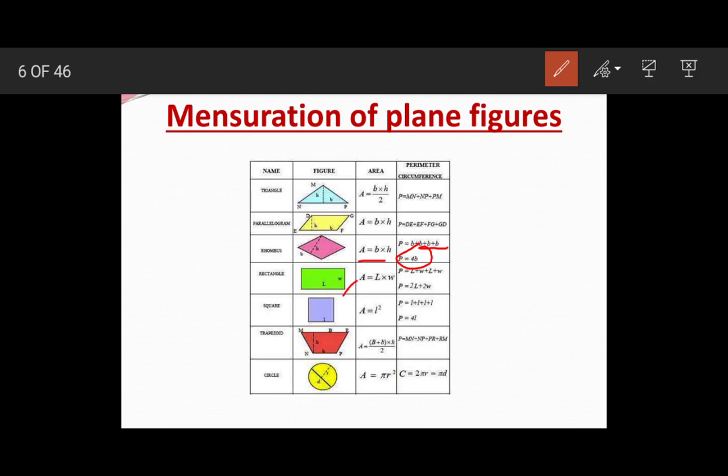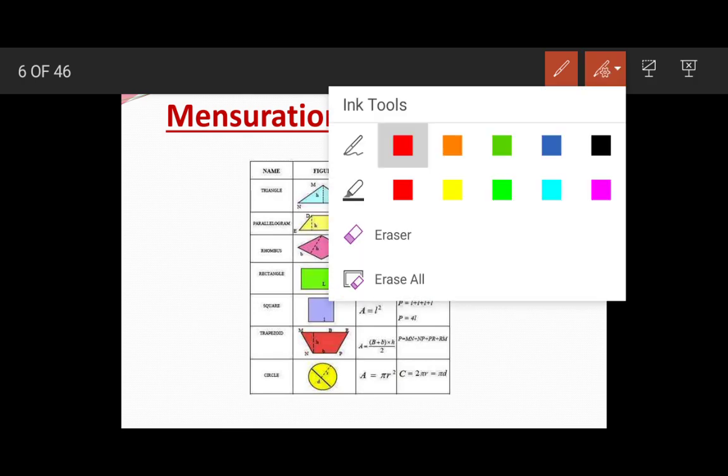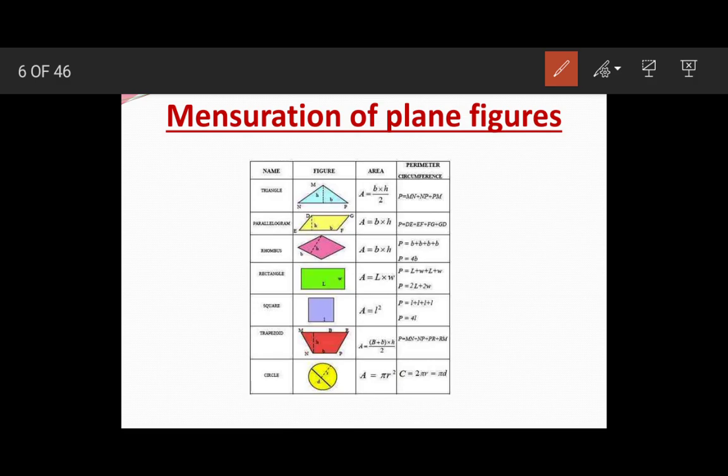Then rectangle. For rectangle, the area formula is length into breadth.